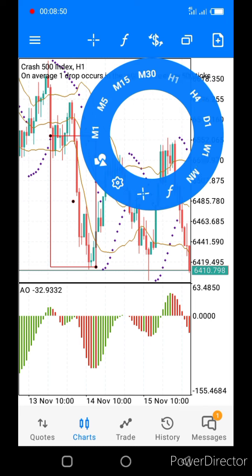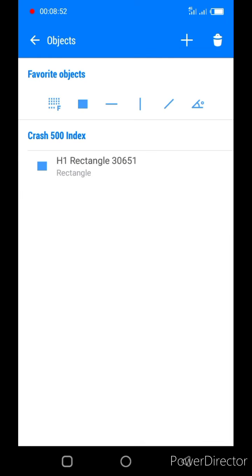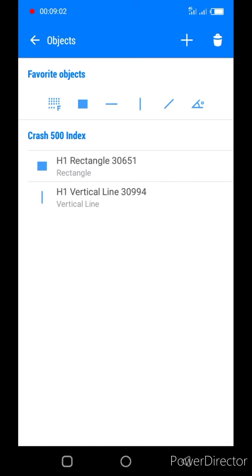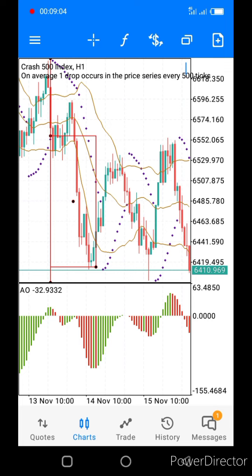So let me add two vertical lines from here. You follow the same direction, 1 hour direction. You take same entry on 5 minutes, on 5 minutes down to this place. This is where we have it triggered.